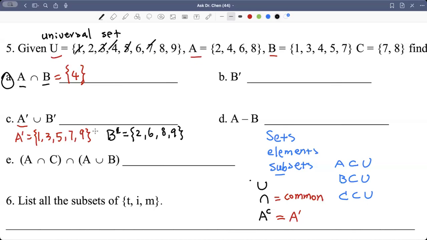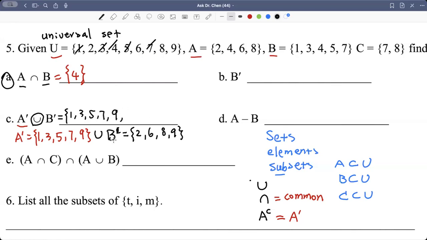Now we want to union those two. Union means all the elements in either A complement or B complement. In A complement, we have 1, 3, 5, 7, 9.